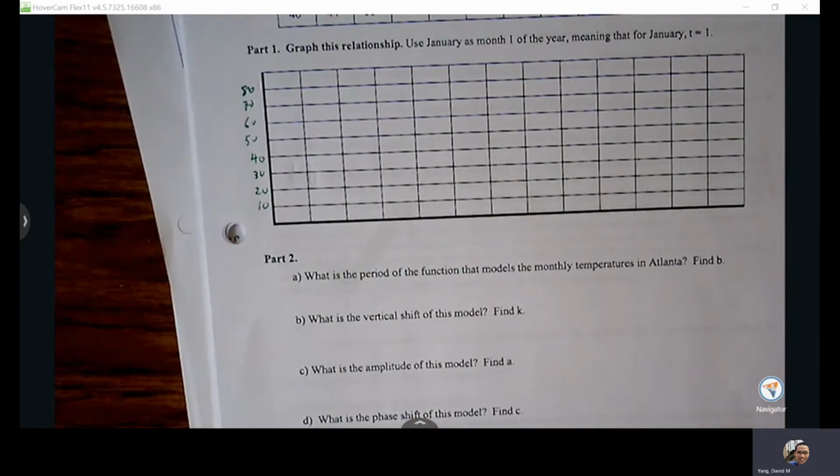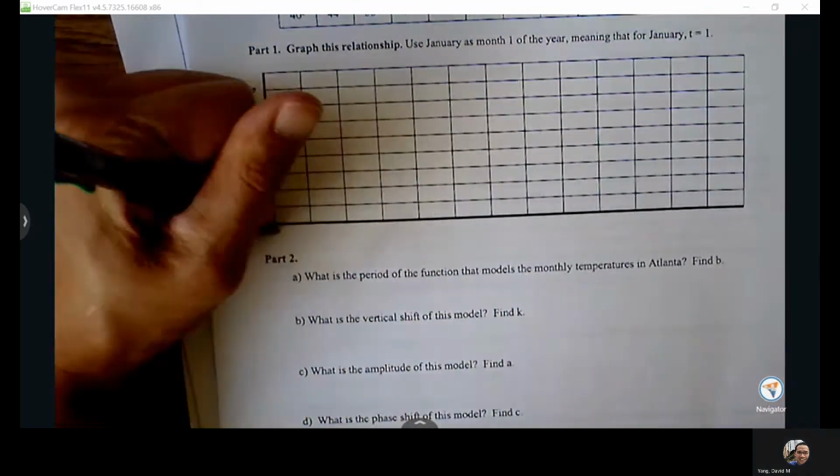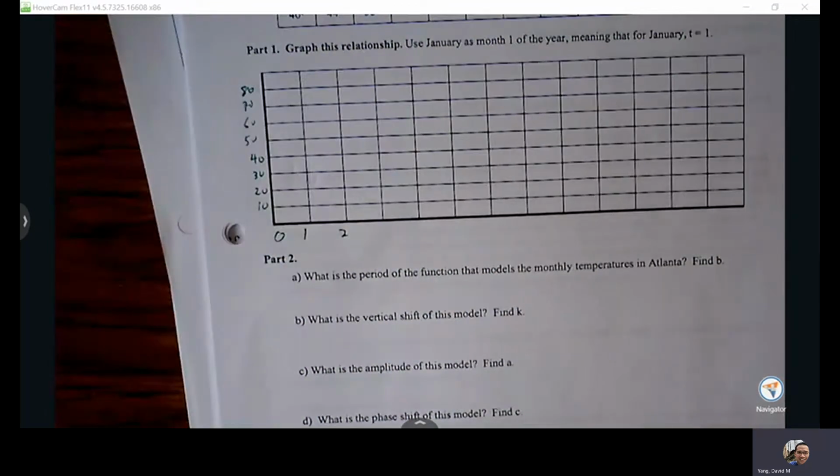Yeah, for the y-axis, I went up by tens. So we have to start at like 0. It's up to you. I mean, I went up by 0, but if you just want to do like 40, that's fine. I didn't write with A. I'm sorry?